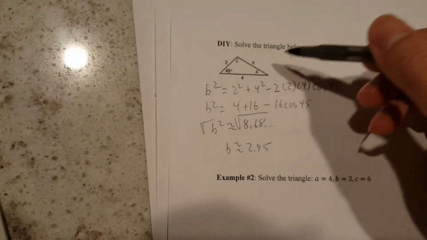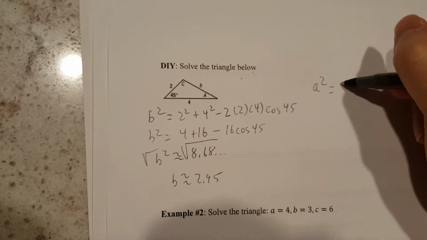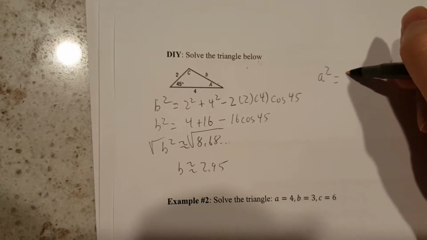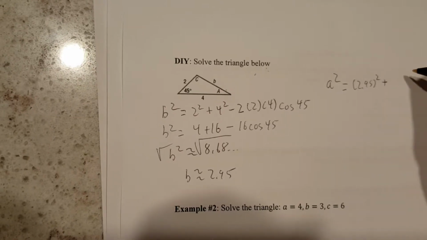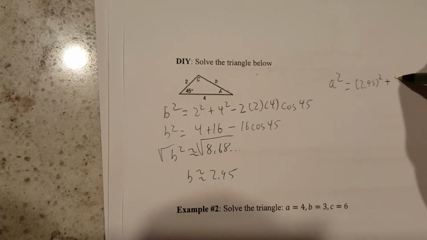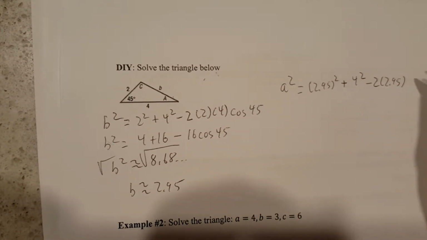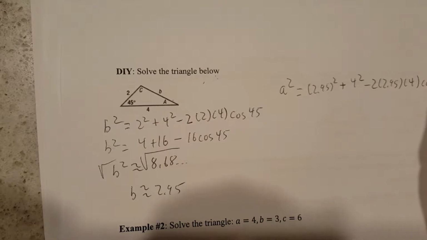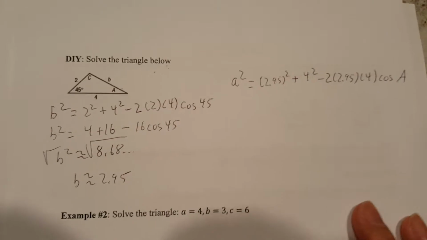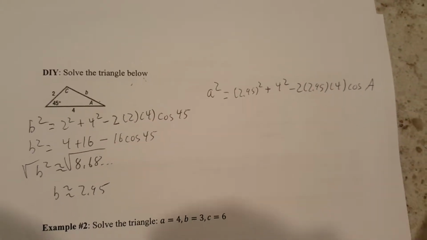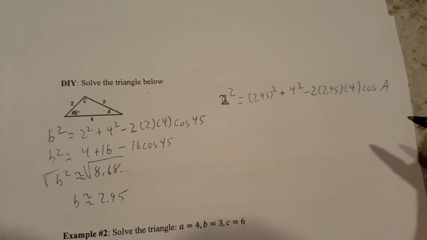So if, let's say, I want to find angle A, I'm just going to go ahead and do a squared is equal to b squared, which is 2.95 squared, plus c squared, which is 4 squared, minus 2 times 2.95 times 4 cosine A. So remember, all this is just substitution now. Oh, and actually we know what a squared. A is 2. Okay.